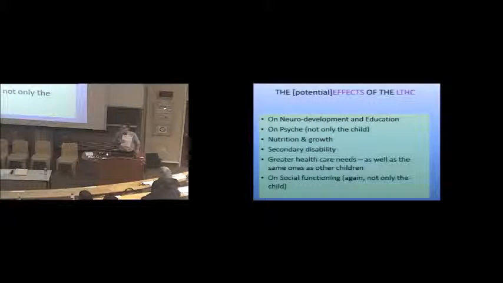So I went through with my students, and we came across this set of effects that were identified by talking to families, looking at conditions, and looking at health services. These are the ways in which a long-term condition can potentially affect any child and family who have a long-term health condition.